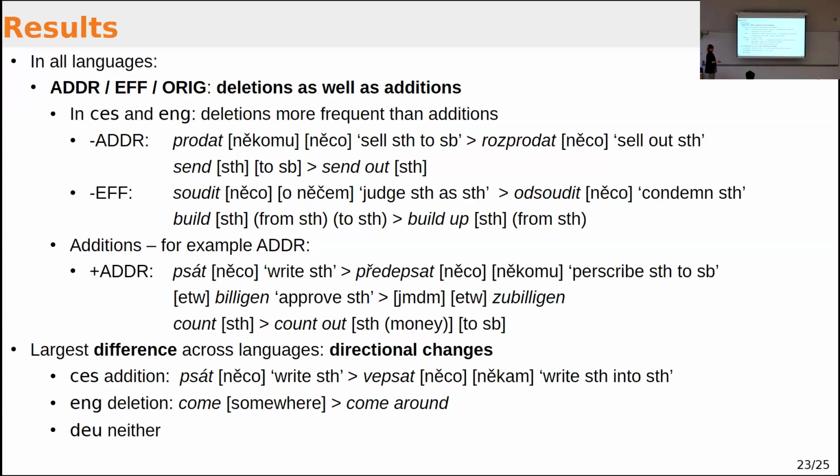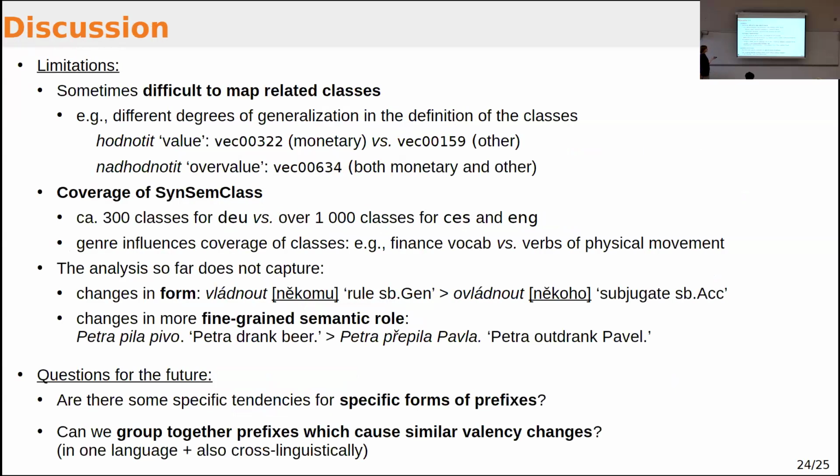But in English, they are mostly deletions, and these are cases like to come somewhere, to come home, versus to come around, which doesn't need another participant slot. And in German, we have seen neither, because these changes were not attested, and this is likely due to the lower coverage of SynSemClass for German, which leads me to the discussion of the limitations of the method.